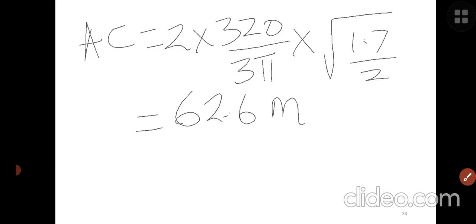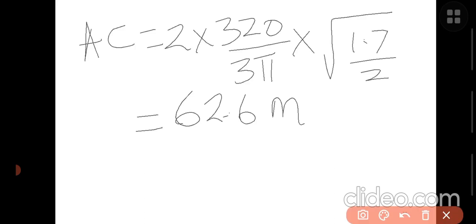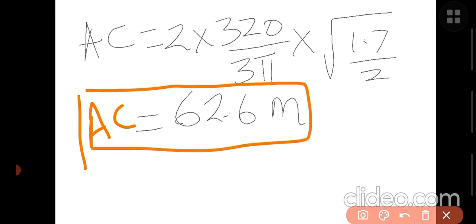Now AC is found as 62.6. Please pause the video if you need more time and verify whether you are getting the answer 62.6 meter or not. So here is the answer for AC, 62.6 meter.